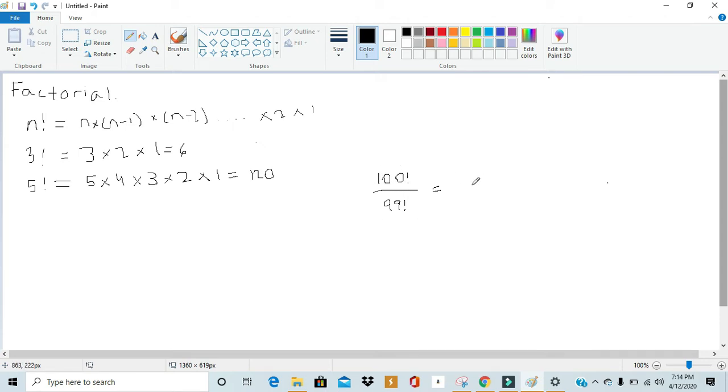So this number could be written as 100 times 99 factorial over 99 factorial. We can just cancel out the 99 factorial, getting 100. So in the end, we made this incomprehensible operation much simpler by just acknowledging that 99 factorial already existed inside the 100 factorial, and that there's only an extra 100 in this case.